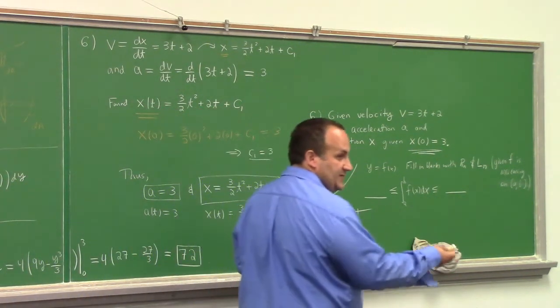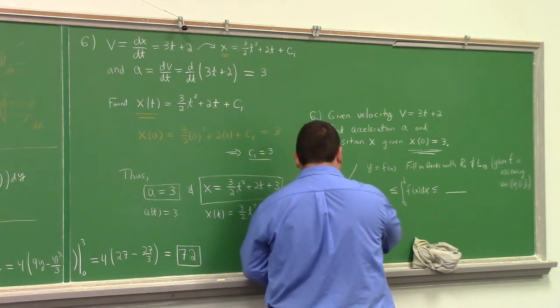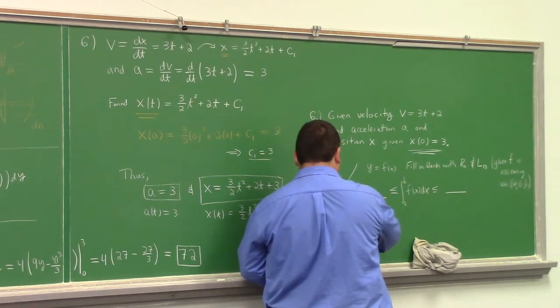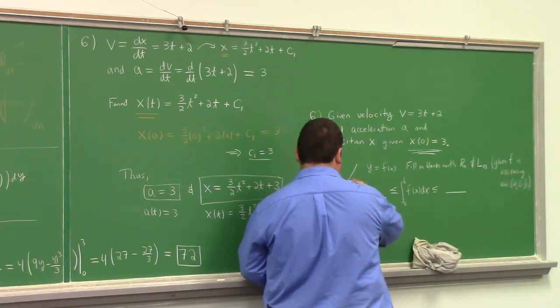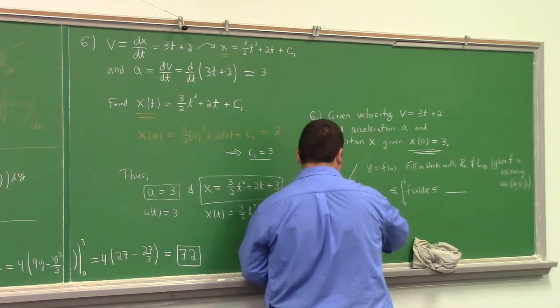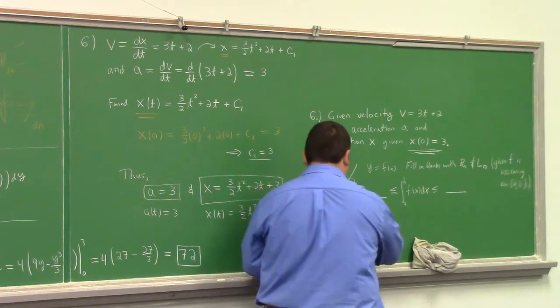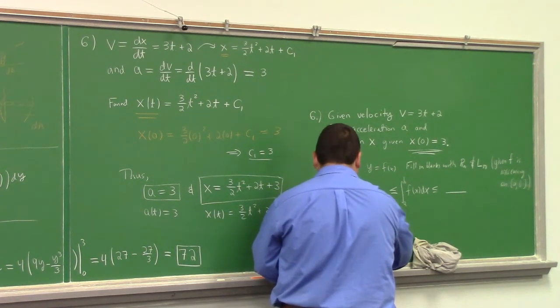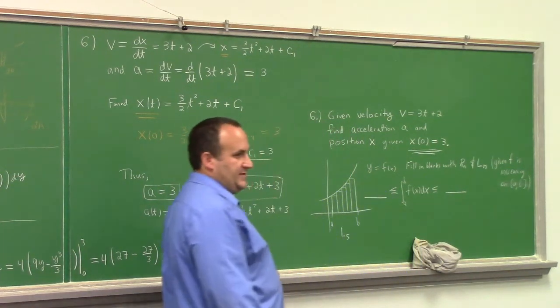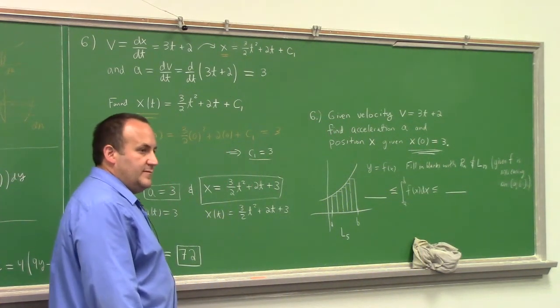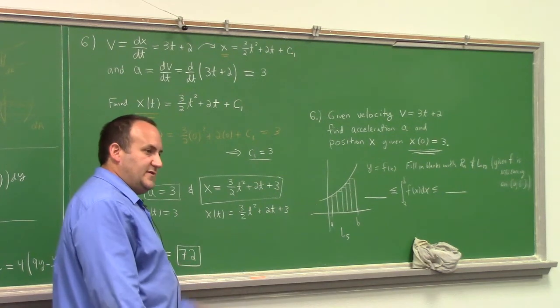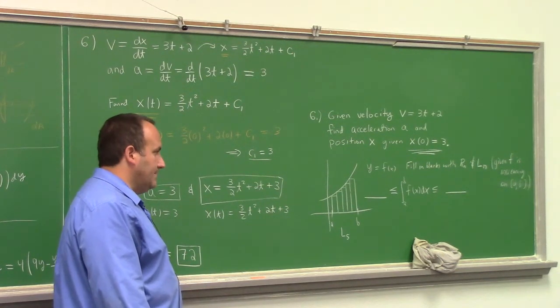Let me draw the left endpoint rule. That would be like L5 in my silly picture. So is that an underestimate or an overestimate of the true area from A to B?